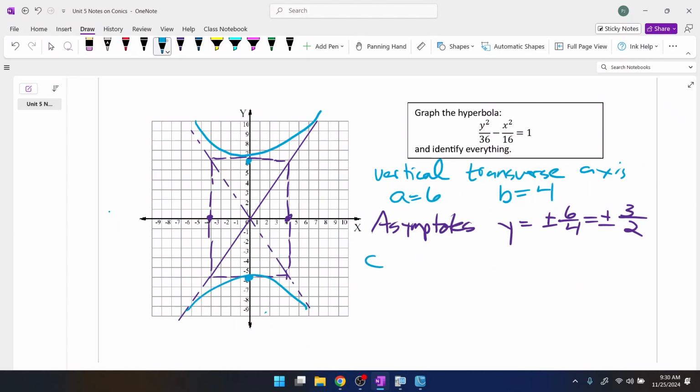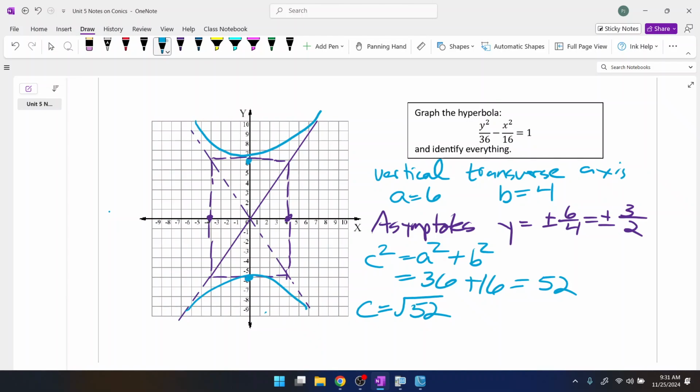So let's figure out the C value. That's obviously a squared plus b squared, which is 36 plus 16, which is 52. So C is going to be the square root of 52, which is 7 and change. Now, at this point, yeah, you could simplify the square root of 52, which is going to be 2 root 13.